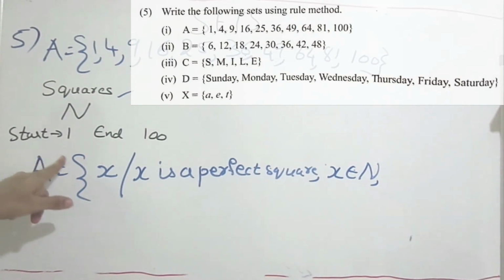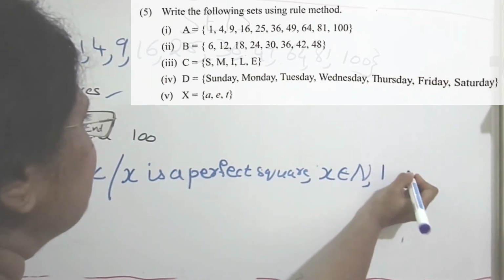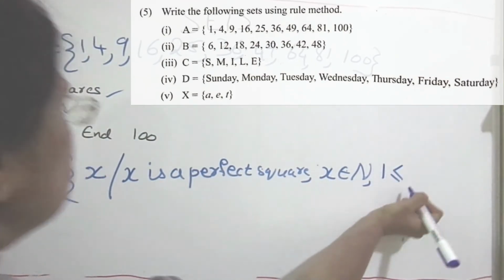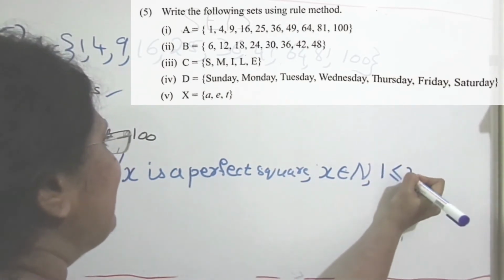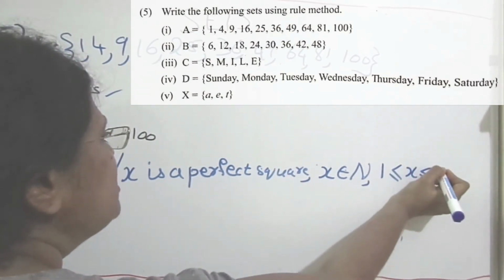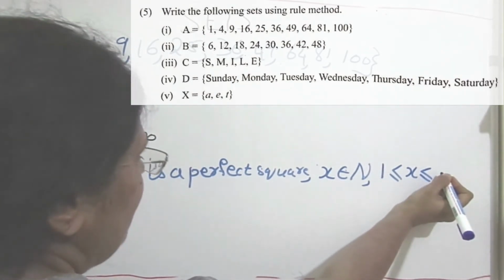Now we have to mention where it's starting and where it is ending. So you will write 1 less than or equal to, because it's starting from 1, it is including 1, x less than or equal to 100.